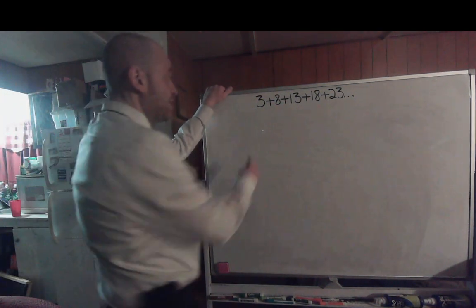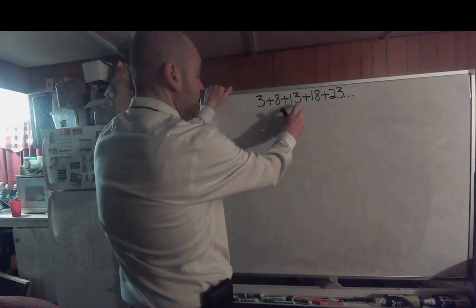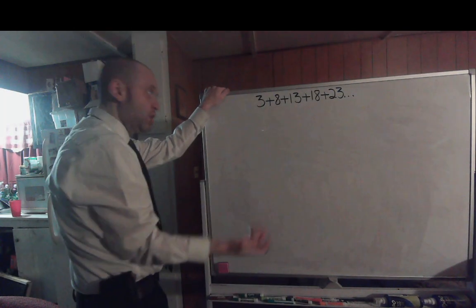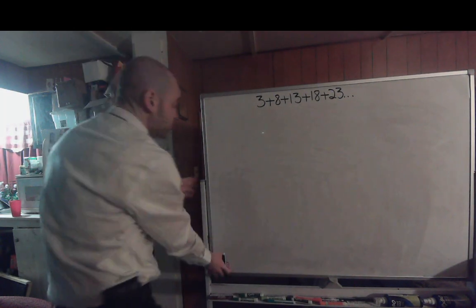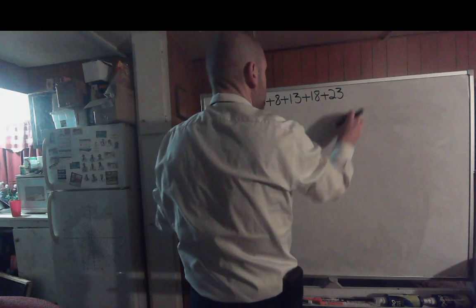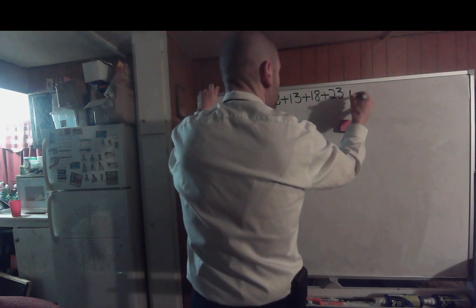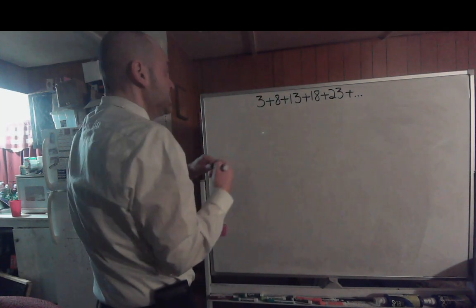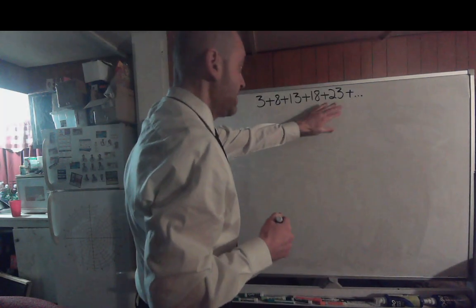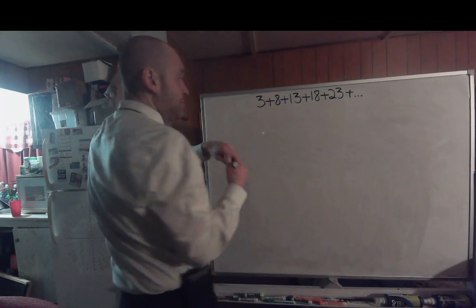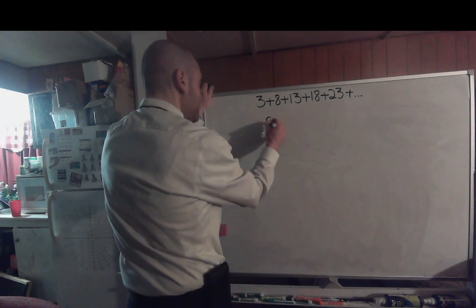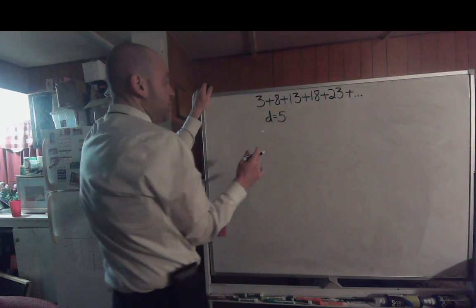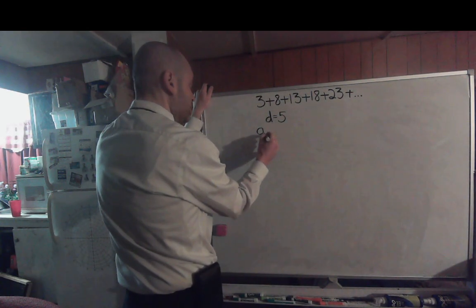Here we have the sum of 3 plus 8 plus 13 plus 18 plus 23, and it just keeps on going and going. I should probably make that a plus dot dot dot to indicate that it keeps going. But we see here this is definitely an arithmetic series because the common difference is 5. So let's establish that the common difference is 5. Now, we can go ahead and find a term for the sequence.